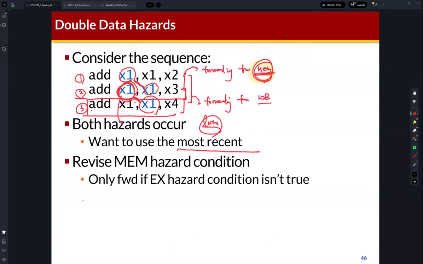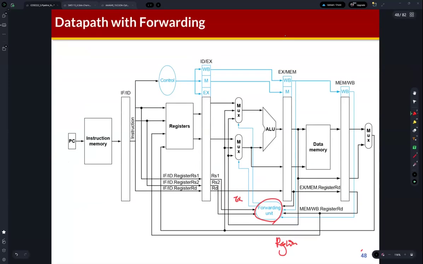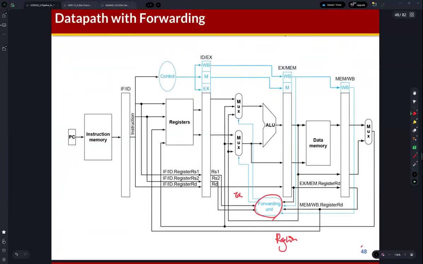This case shows the double data hazard case, and we know that the latest result needs to have higher priority because this is the latest value for the current instruction. That's what we learned.